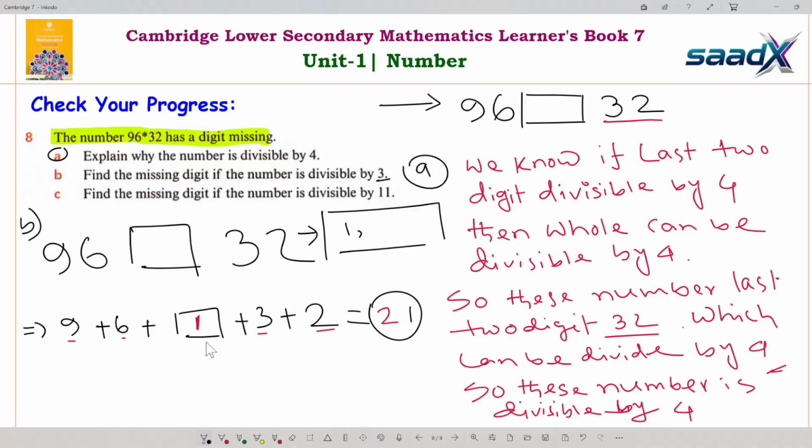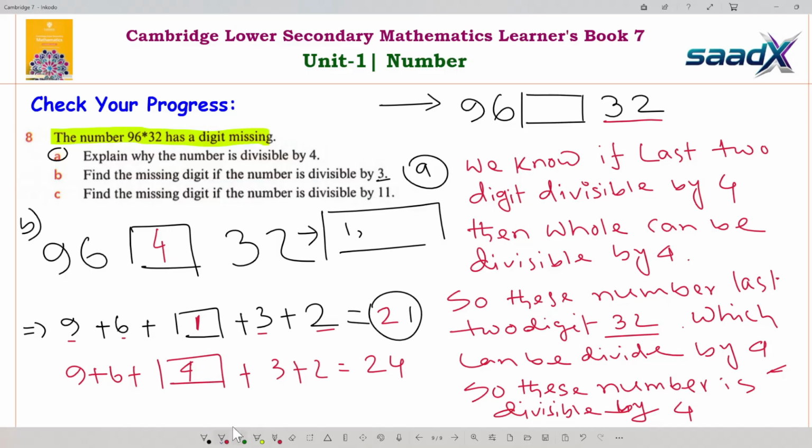We can put 1. Similarly, here is 9 plus 6 plus blank plus 3 plus 2. If we put 4, look, 9 plus 6 is 15, and 3 plus 2 is 5, 15 plus 5 is 20, and now it will become 24. This one also can be divisible by 3, so we can put 1, or we can put 4.